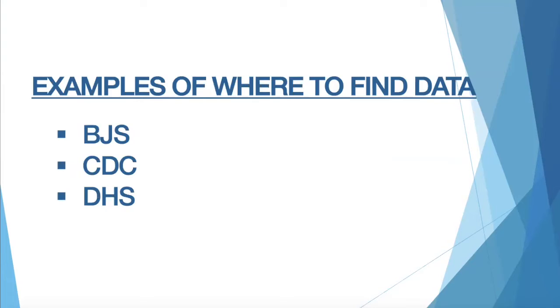The Department of Homeland Security, the DHS, has information regarding immigration, things of that nature. And NATO would have data as well. So these are all government entities, and government websites are some of the most credible places where data exists, and where I encourage you to start looking for your data.